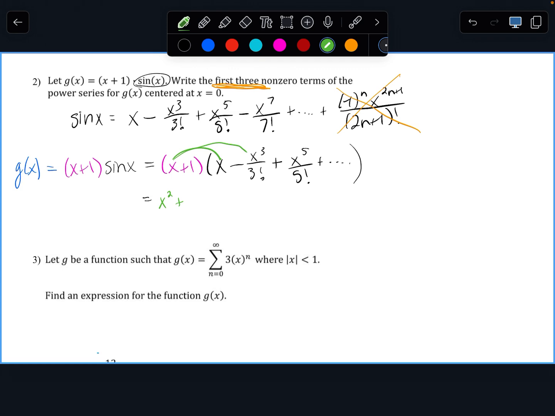And I'll do just a couple of them. Actually, I'm going to subtract. What would that be? x to the 4th over 3 factorial plus x to the 5th over 5 factorial. And obviously, technically, I would keep going.